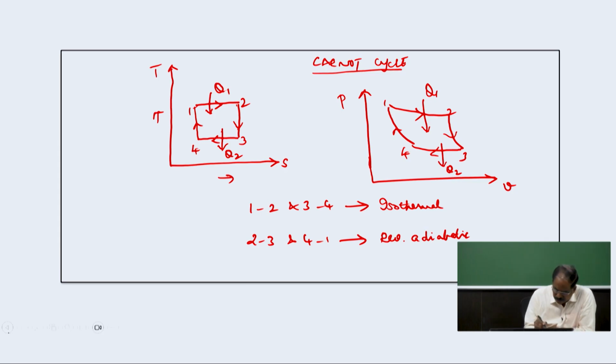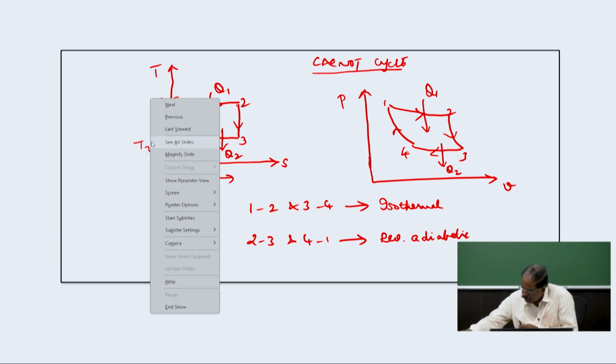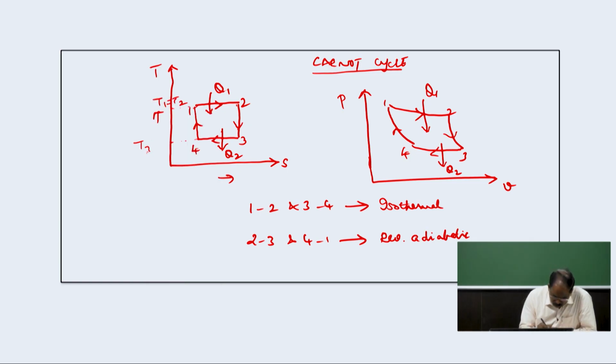This is temperature T1, which is equal to T2, because it is an isothermal process, and this is temperature T3, which is equal to T4.